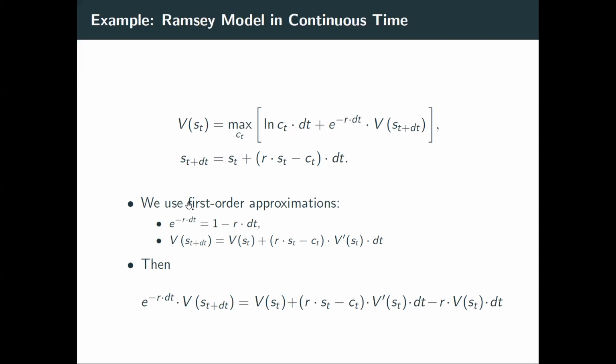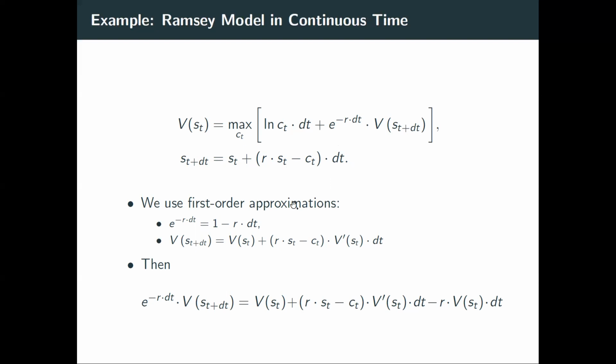Here we will again use a first order approximation. It's 1 minus r dt, up to the first order. And here, if you substitute this particular evolution, according again to the Taylor rule, v of st plus dt will be equal to v of st, and here you have an infinitesimally small change in the state variable.